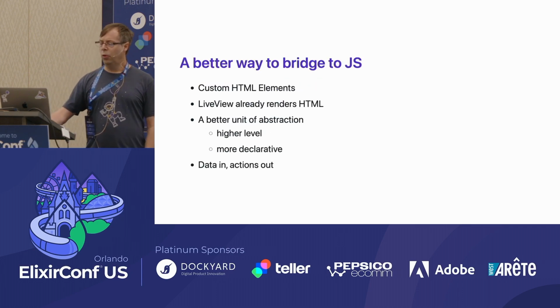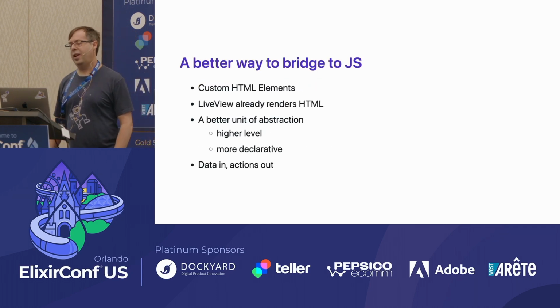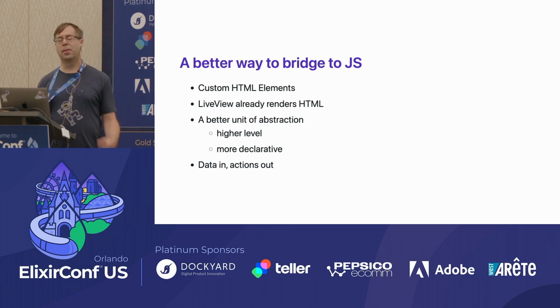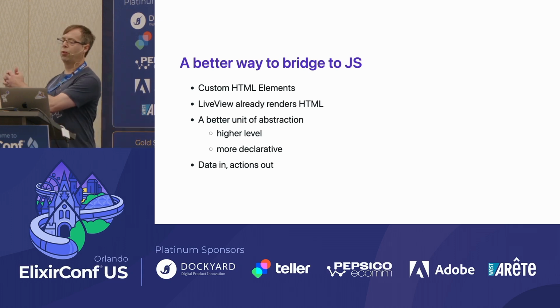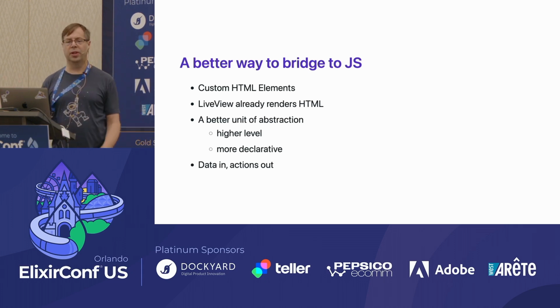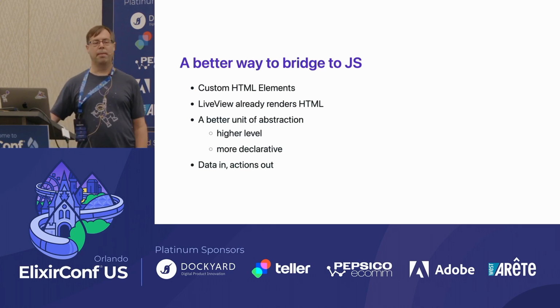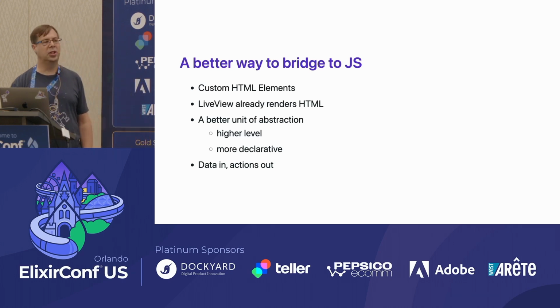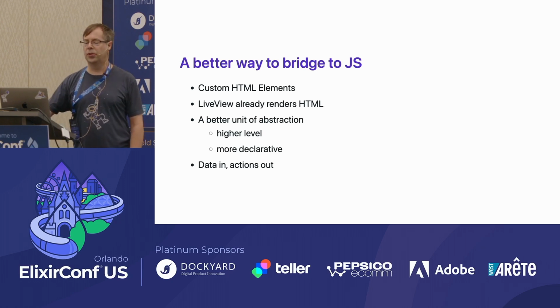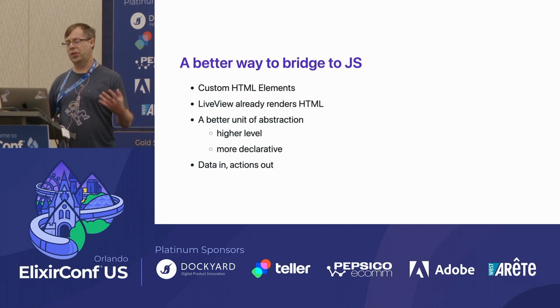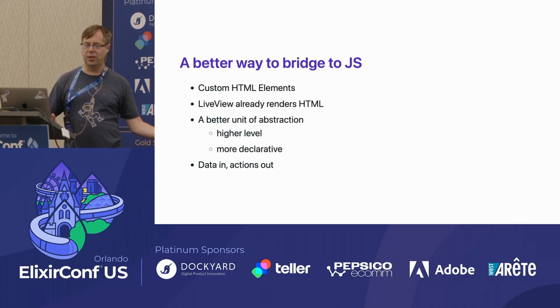What I'm really here to advocate, I guess, is that I think there's a better way to bridge from LiveView to JavaScript than just the out-of-the-box hooks. And what I find to be the most productive way in the apps that we build is making use of custom HTML elements or web components. The reasons for this, I think, are fairly easy to understand.